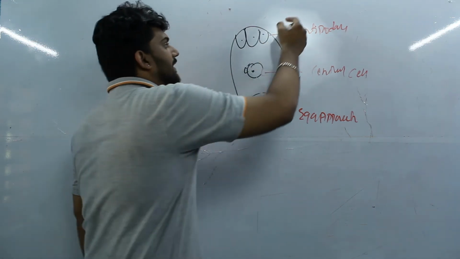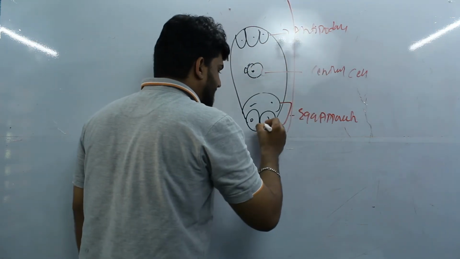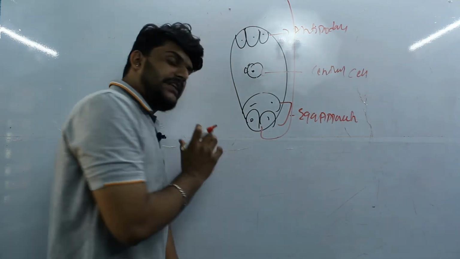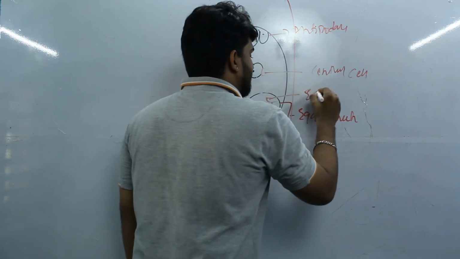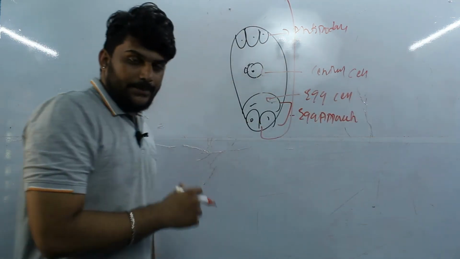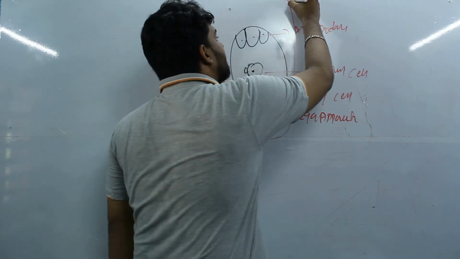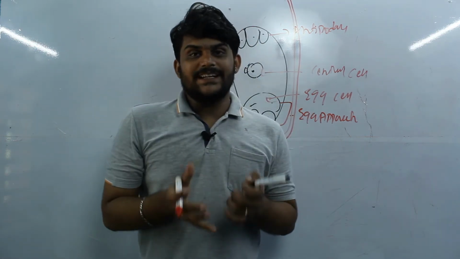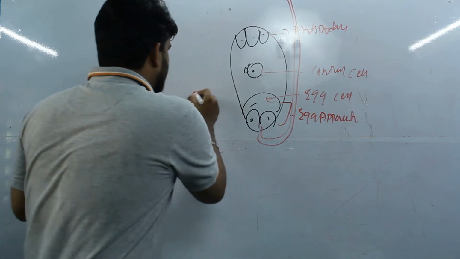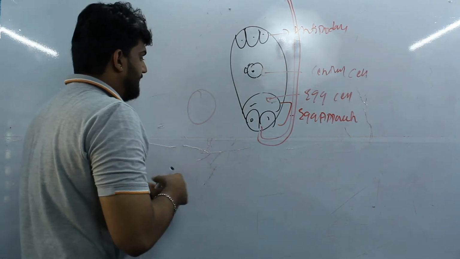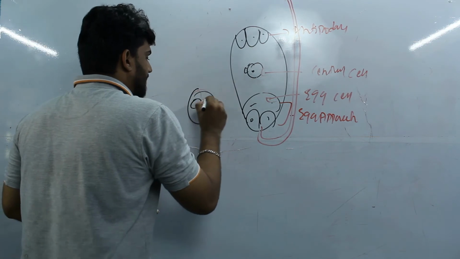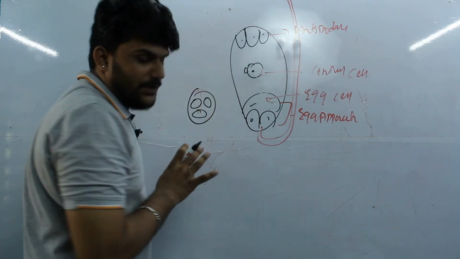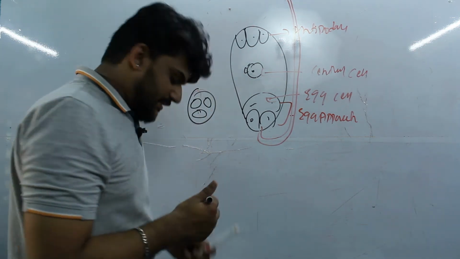So what happens? Whenever the pollen tube comes and enters through the filiform apparatus, remember that the pollen tube always enters through the filiform apparatus to meet the egg cell. As the pollen grain is three-celled, there will be three cells: 1, 2 and 3. Two are going to act as sperms and one is a vegetative cell.